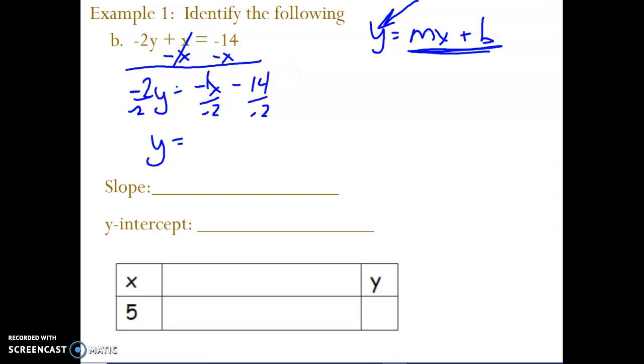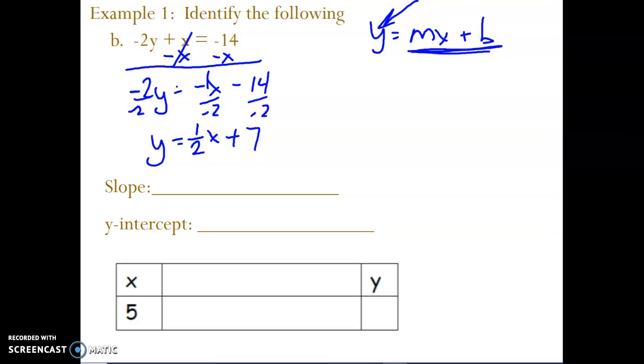So I have negative 1 over negative 2, and that will simplify to be positive 1/2. I understand that 2 divided by 1 is 2, but that's not what we have here. I have 1 divided by 2, so it's going to be positive 1/2, still with an x. And then right here, negative 14 divided by negative 2 is positive 7.